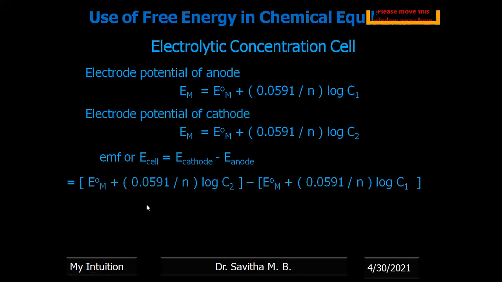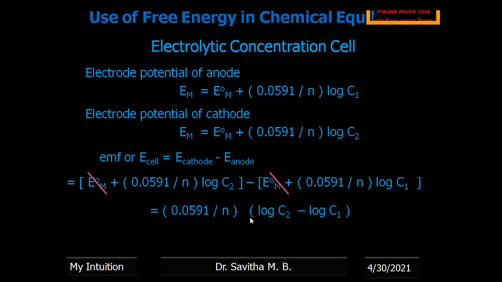Substituting, we have E naught of metal plus 0.0591 divided by n log of C2, minus the anode expression. Now this and this will get cancelled because we are using the same metal, so the standard reduction potential of the metal is fixed and the same. One is plus and the other minus, so they cancel.